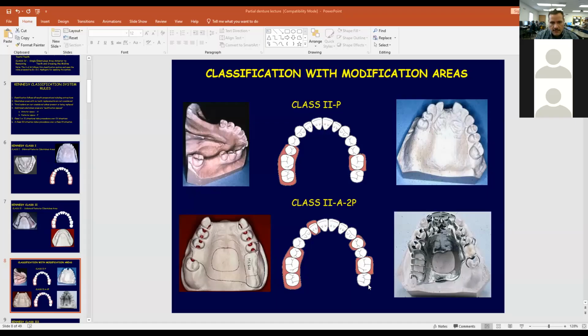Can you see this one? Let me share this. Okay, you can see that? So this patient is missing these teeth, the front teeth, back teeth, and this side. So the dentist will design it like this. This is the major connector, and this is the denture base. Can you see the denture base? So it depends how much teeth you lost.